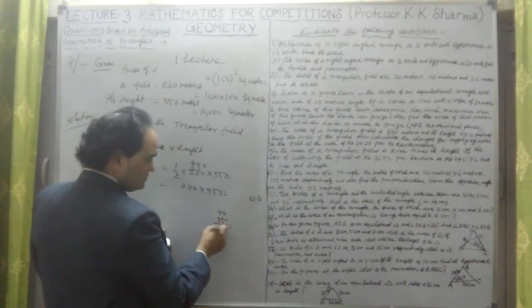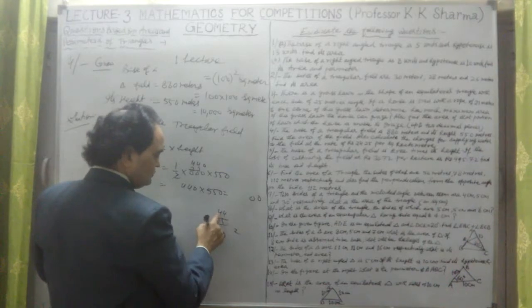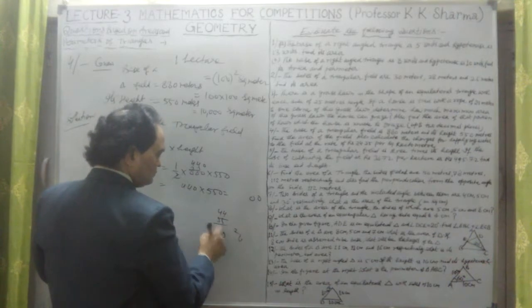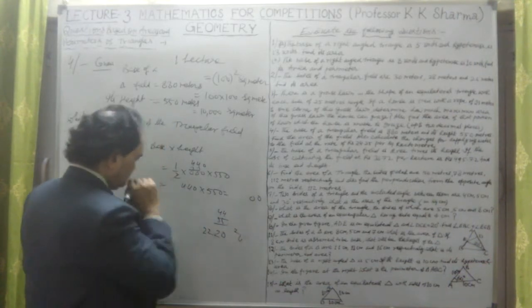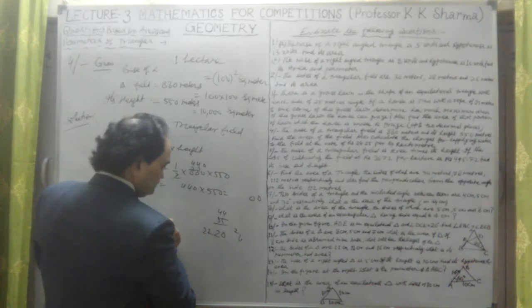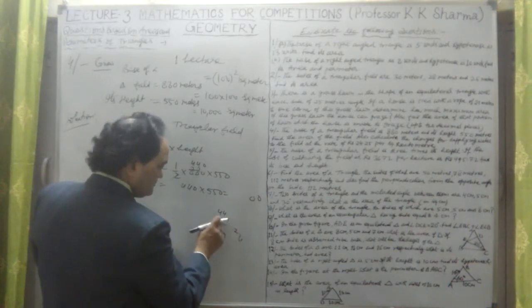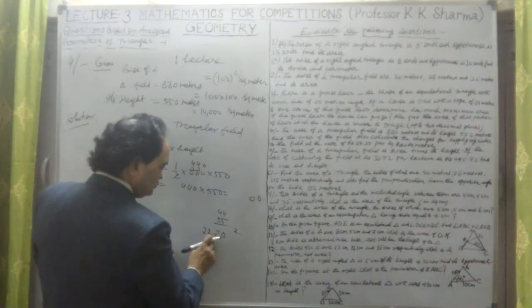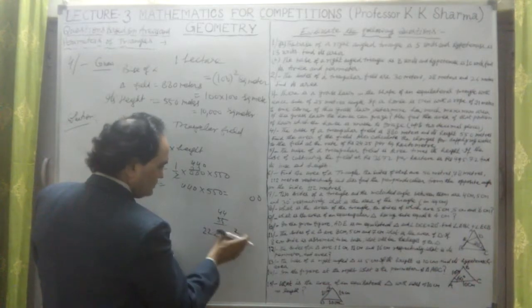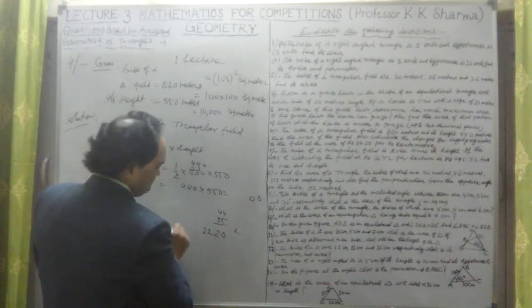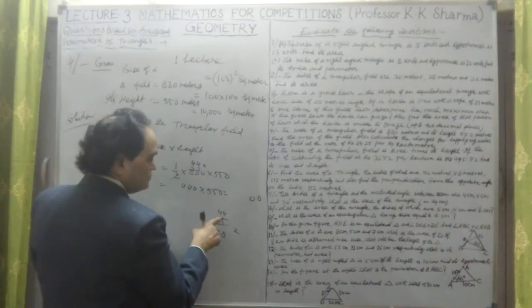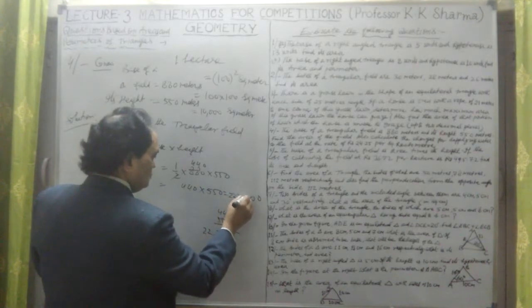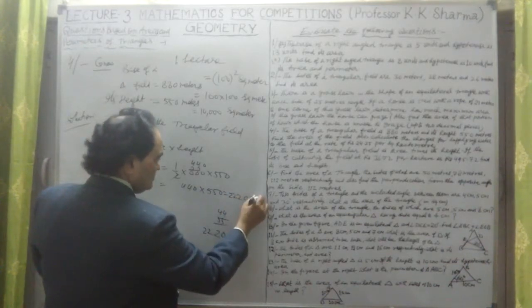5 times 4 is 20, 0 carry 2. 5 times 4 is 20, 20 plus 20 is 40, plus 2 is 42. Carry 4, 5 times 4 is 20, and 2 is 20. So the value of 55 into 44 is 2420, and with one more 0 it is 242,000.